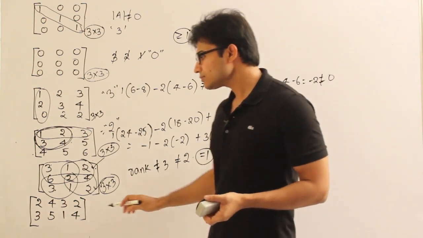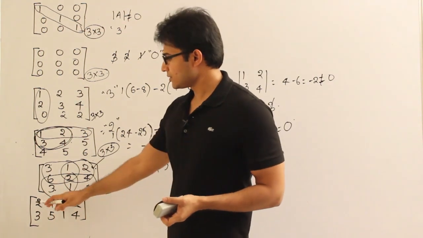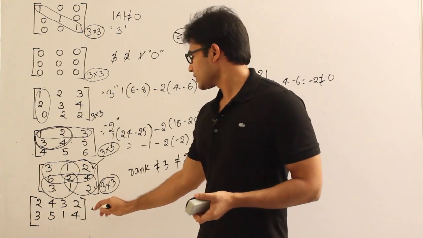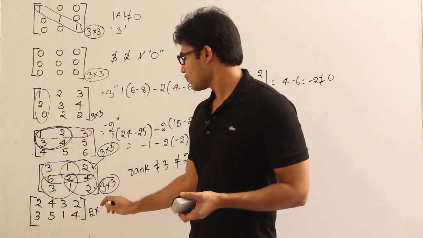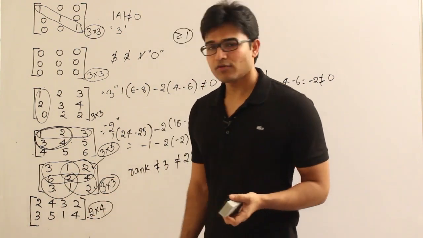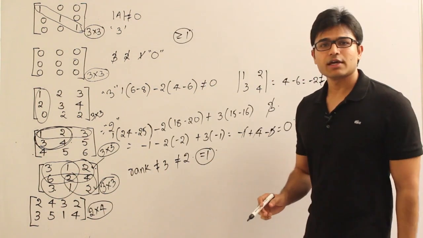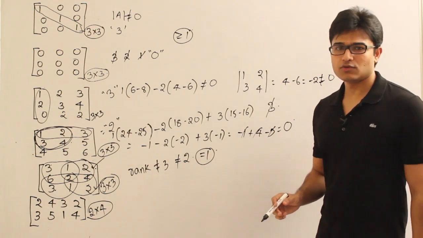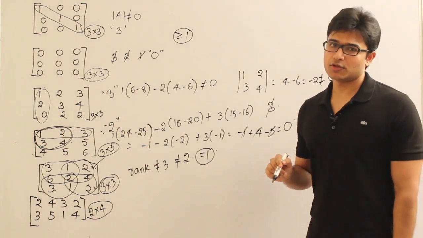Okay, and now observe this one. The order of this one is 2 by 4, 2 rows and 4 columns. So what can be the rank of this? The rank of this matrix cannot be more than 2. That is what we are trying to discuss in one of the points.